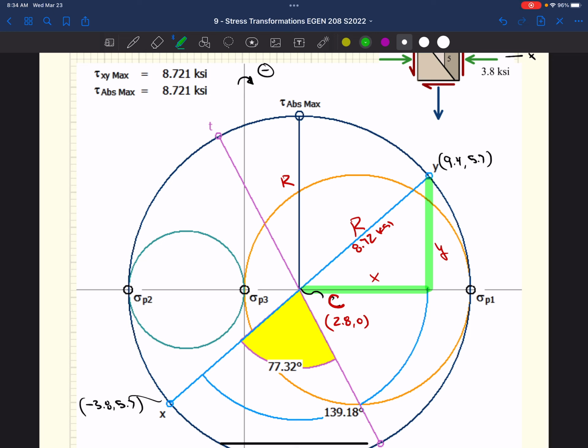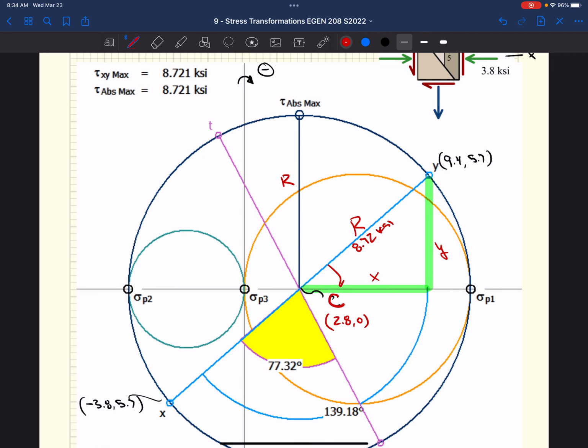Well, the angle we want is this angle right here, right? We want to know how far we need to rotate downward in order to get to that principal stress. So we need to know this angle right here. We call that angle alpha, and in order to get that angle, we can use trigonometry.